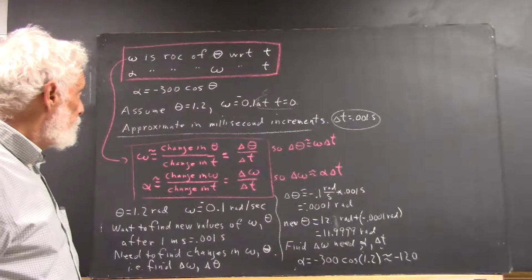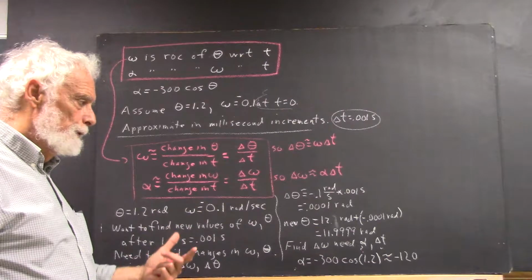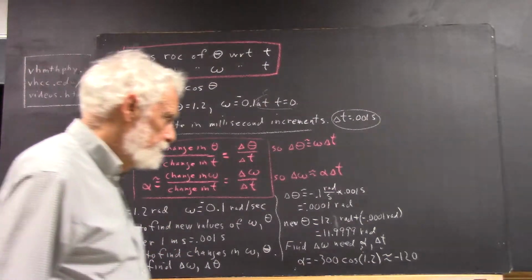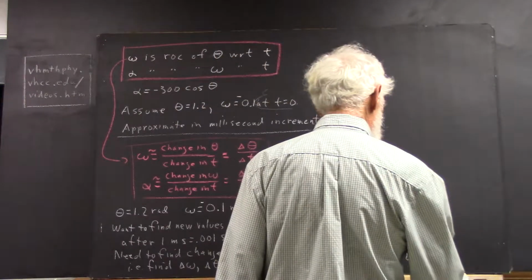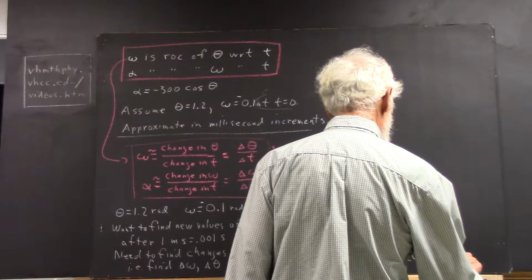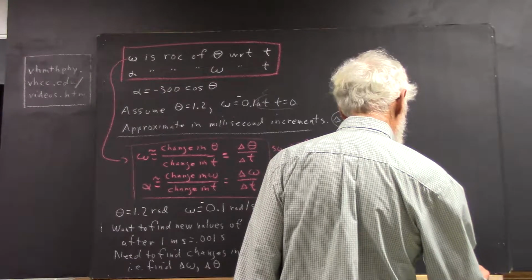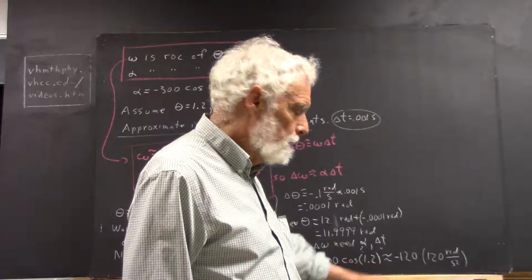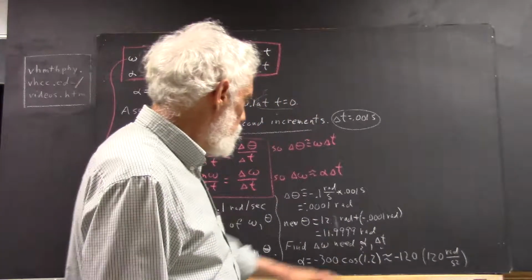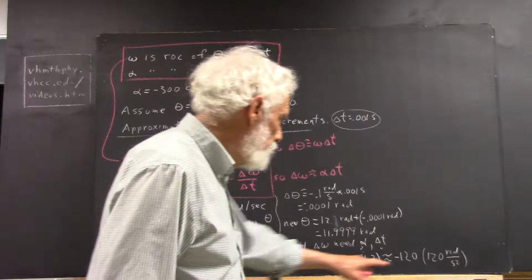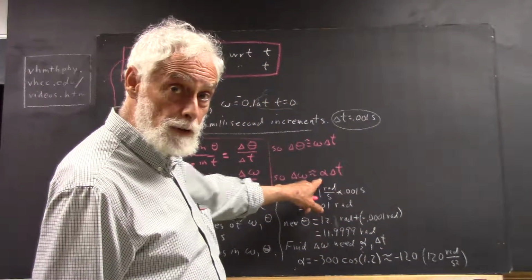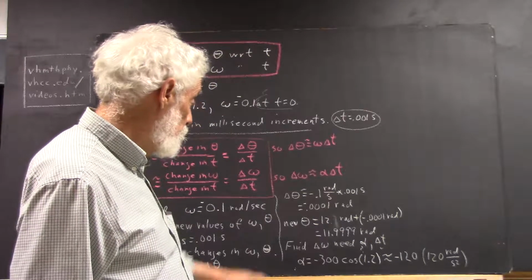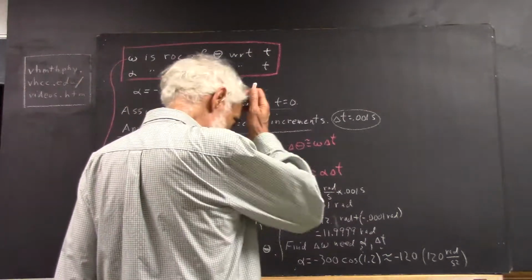Now, I'll make a note that that's in radians per second squared. But what we're going to do with that is, after we get alpha, we're just going to calculate delta omega based on alpha.